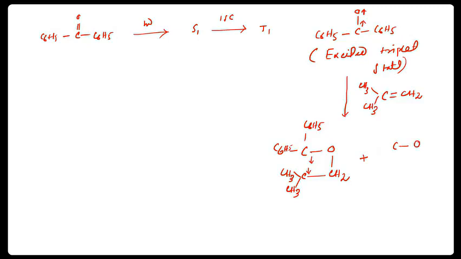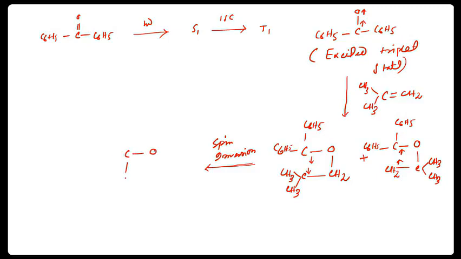The same thing. This is CO. Here it will be C, two methyl groups, and this is CH2, C6H5. This is the same spin state. After that, spin inversion will take place. Otherwise, they cannot make a bond. Spin inversion. Then what is happening?